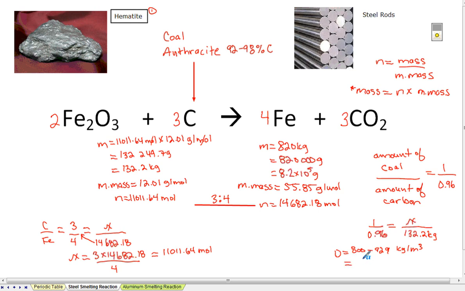So we'll say that the density for our purposes of this coal is 860 kilograms per cubic meter. So once you figure out the number of kilograms of coal that would be required to be removed from the ground, I want you to figure out the volume of coal, knowing that the density of the coal that we're hypothetically choosing to mine is 860 kilograms per cubic meter.